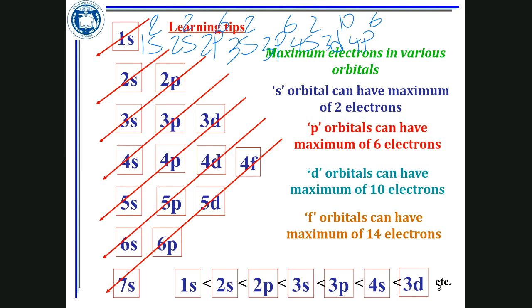No, maybe not, right? How many electrons do we have totally for bromine? 35. And if we add up, 2 plus 2 is 4, plus 6 is 10, plus 2 is 12, plus 6 is 18, that's 20, that's 30.